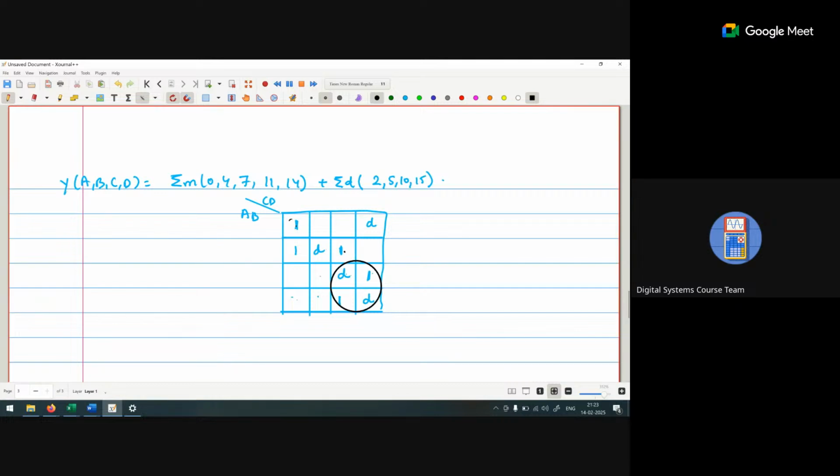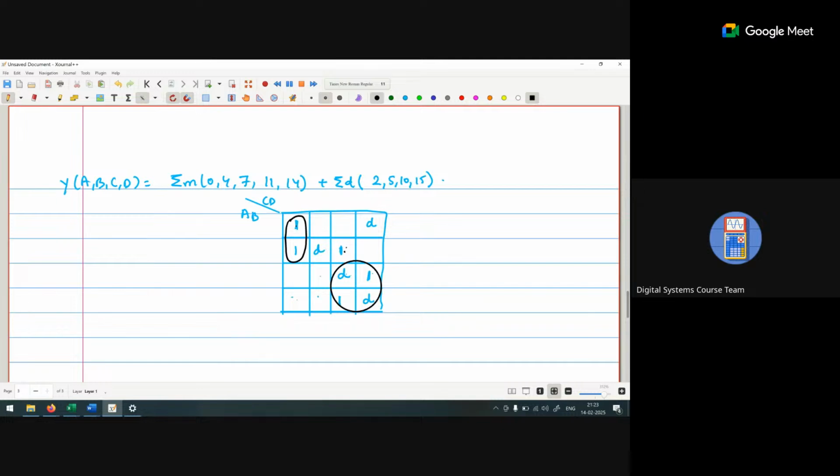If we create a group of these two min terms, is it possible to create a group of more than two? Either I should use a row, or a column, or the left and right side. So no, not possible. So we consider this a single group of two.